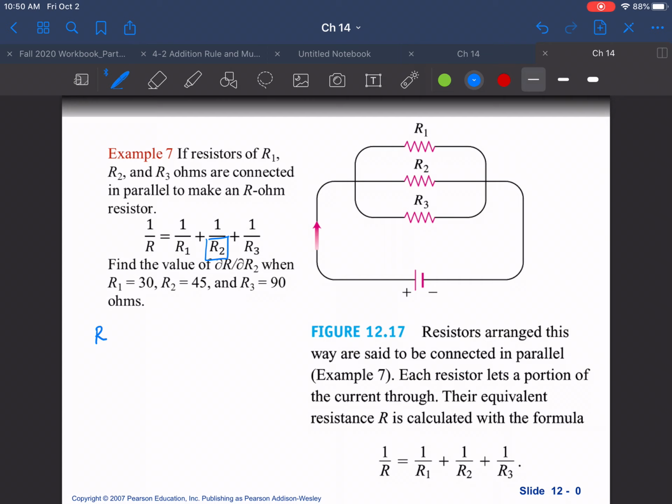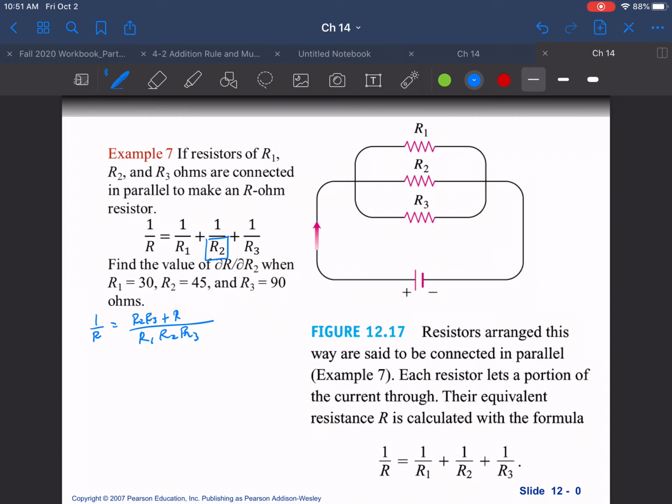So this would be R equals, and then what I can do is make these all have the same denominator, right? Let me show you first. So 1 over R has to equal, and then we have to have R1, R2, R3 in the denominator. That's our common denominator for each of them. This first one is R2, R3.